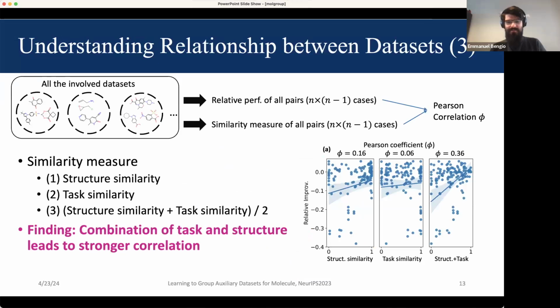Yep, thanks. So in this result, we find that the combination of these similarities can be a better indicator of the relative improvement of the pairs.